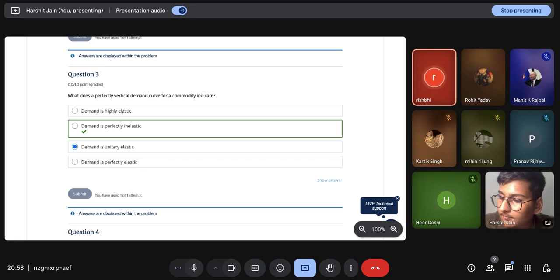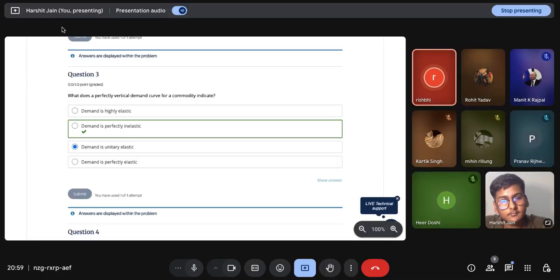Basically, this is for demand elasticity, by the way, not supply. When the line is horizontal on the graph, it means that it is perfectly elastic, and when it's vertical, it means that it's perfectly inelastic.